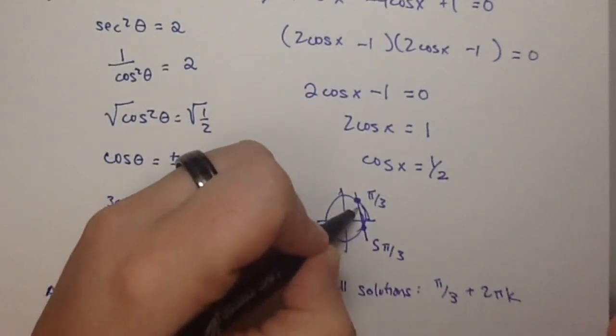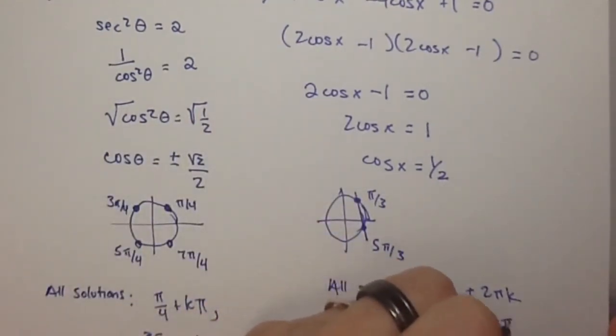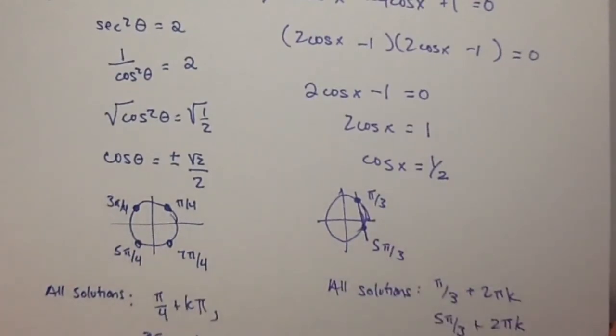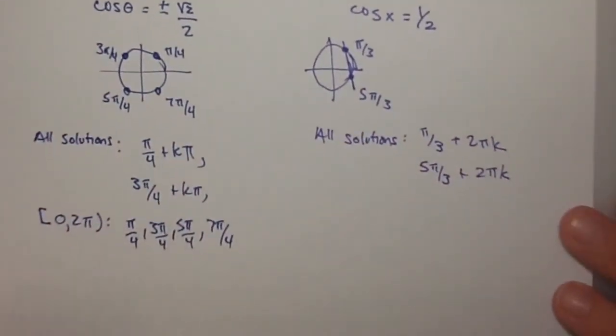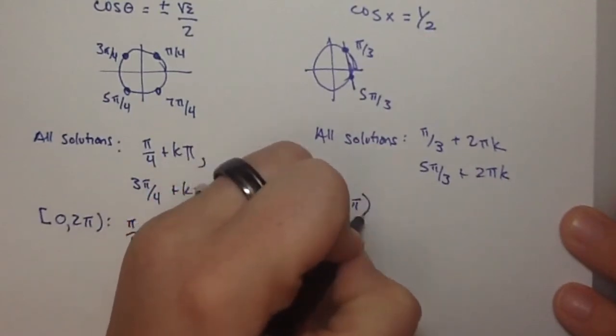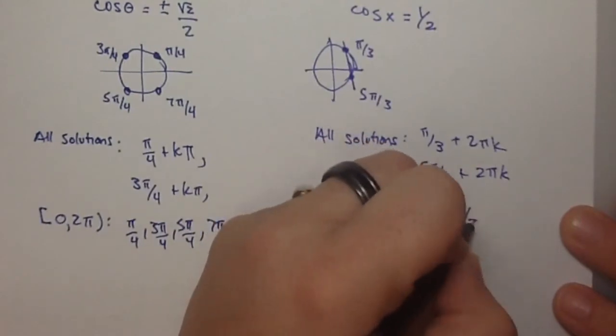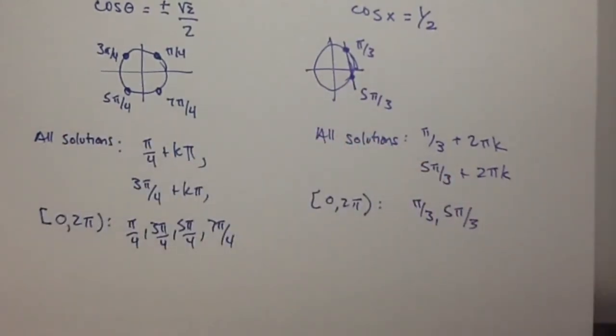So you have to go all the way around. Same 5 pi over 3 plus 2 pi k. So that's all solutions. And then our particular solution from 0 to 2 pi is just pi over 3 and 5 pi over 3. All right, that's been problem 13, A and B.